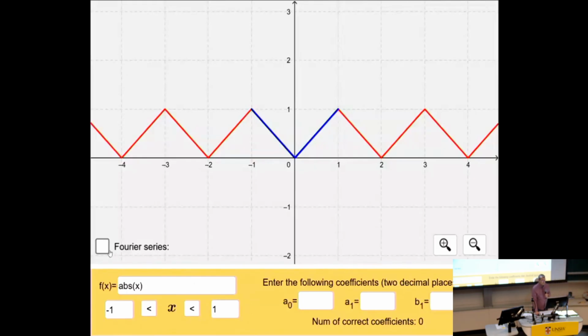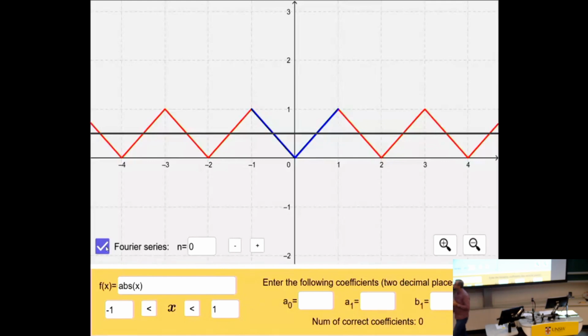So let's have a look. Okay, that's the first approximation. Again, it looks like sort of an average, right? It's sort of cutting the graph in half, really. Is it a good approximation? Well, near some points it is, but overall probably not, right? So what happens if we add a few more cosines into our mix?